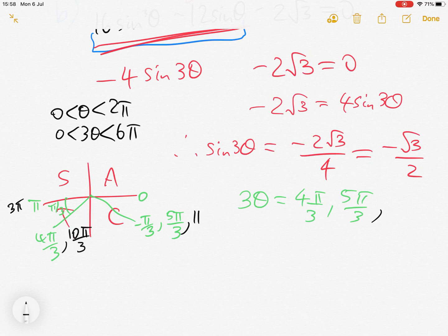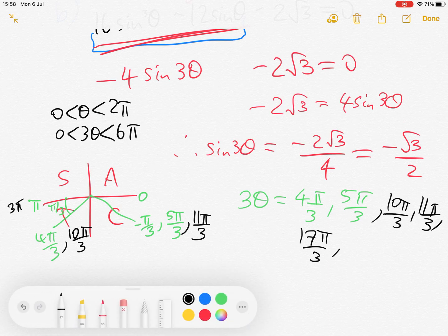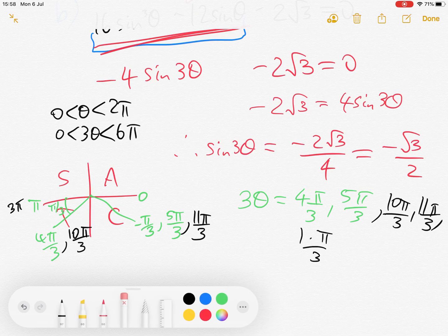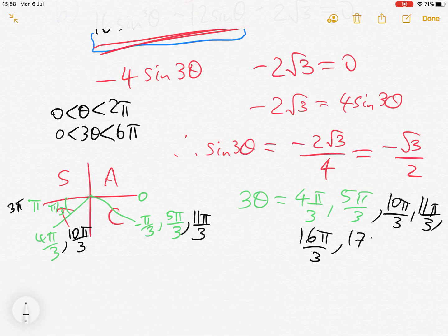If we add 2 pi to this, we get 11 pi by 3. And then we just need to keep going one more time, and we'll get 16 pi by 3 and 17 pi by 3. And that's all of them.